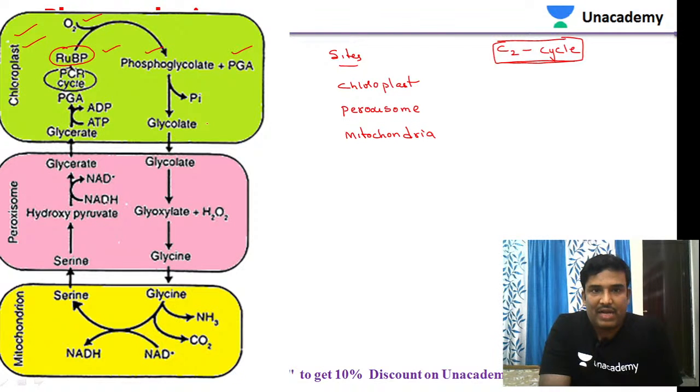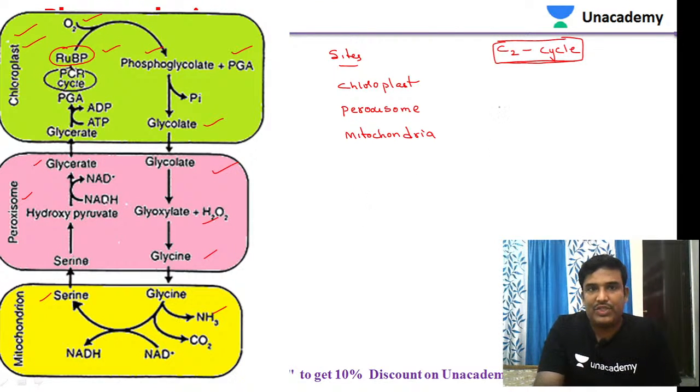Later it is converted into glycolate, which enters the peroxisomes and is converted into glyoxylate and later to glycine. Glycine enters the mitochondria to form serine, and serine enters back into the peroxisomes and becomes glycerate. Like that, the cycle continues.